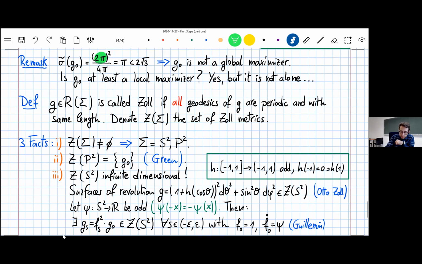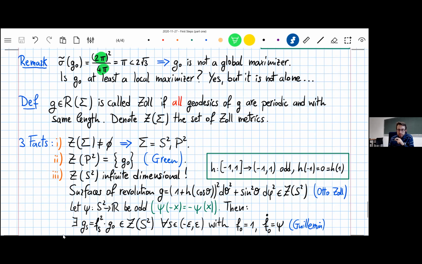The area is 4 pi, so then we get a systolic ratio pi, which is strictly less than 2 square root of 3. So g0 is not a global maximizer for the systolic ratio. And then I think at the beginning of the 2000s, there was much research going in this direction.